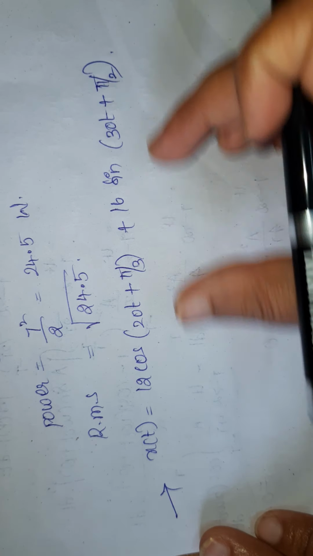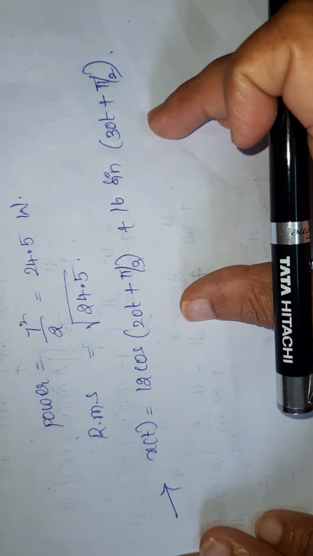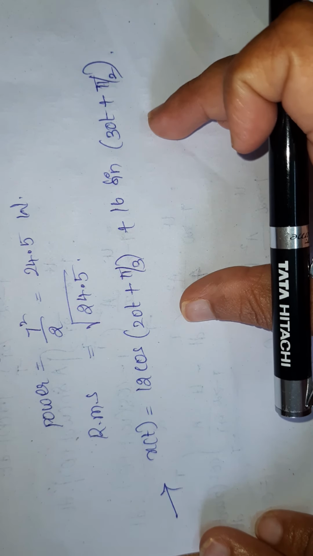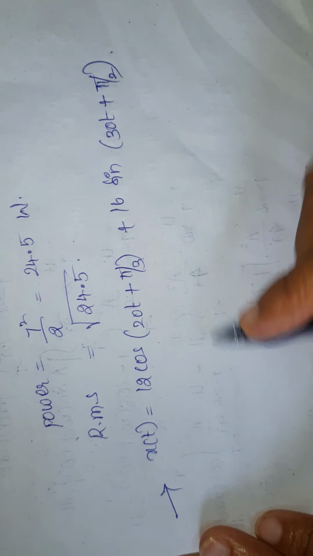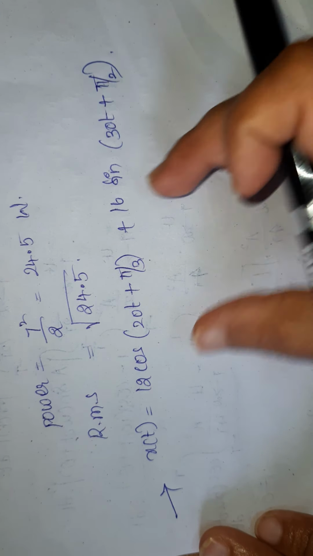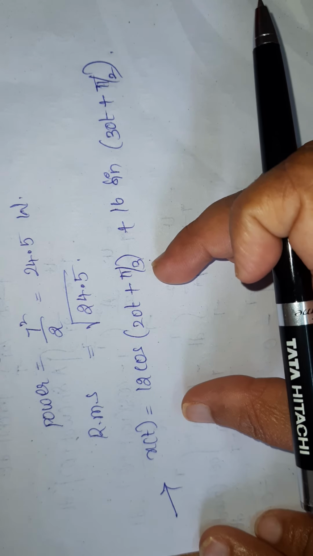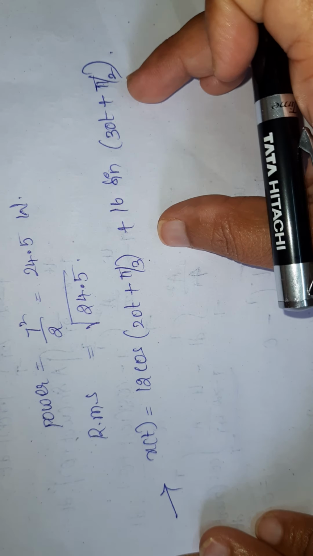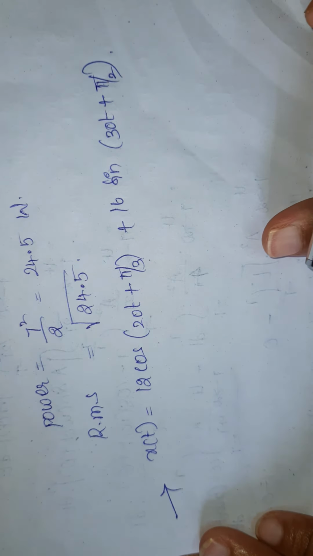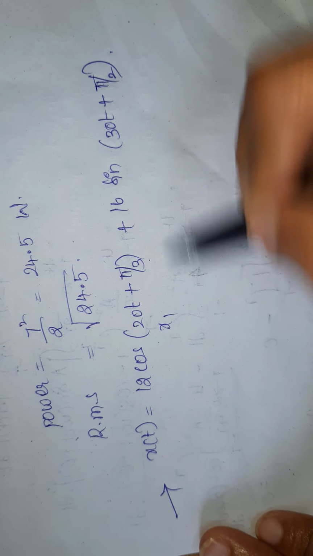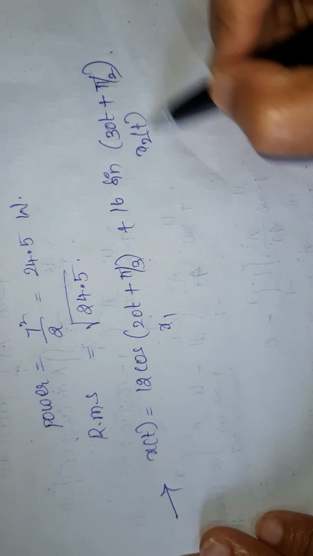Then how do we calculate the power and its RMS value? Simply, you calculate the power individually for each signal and add them. That's it. Consider this as x1 and this as x2.